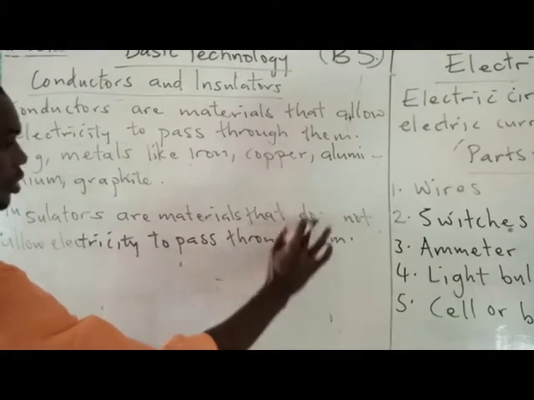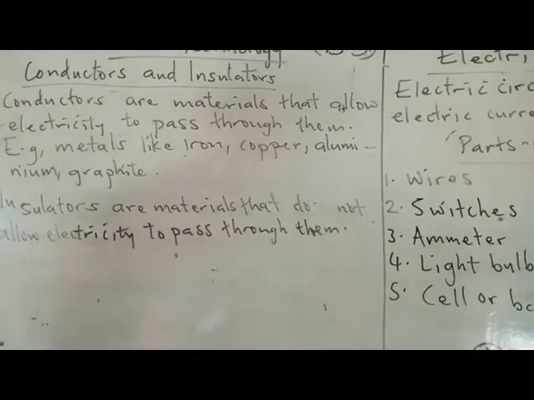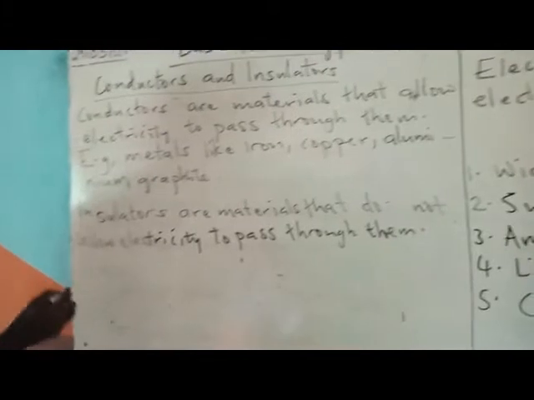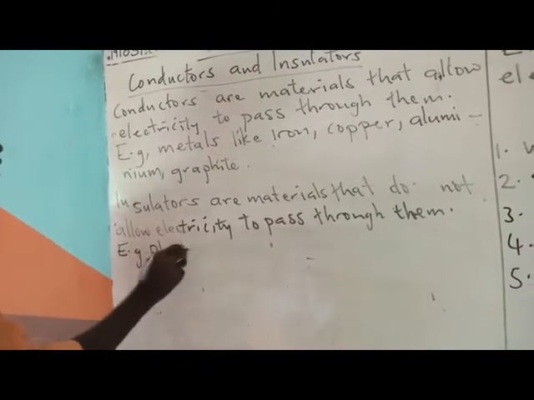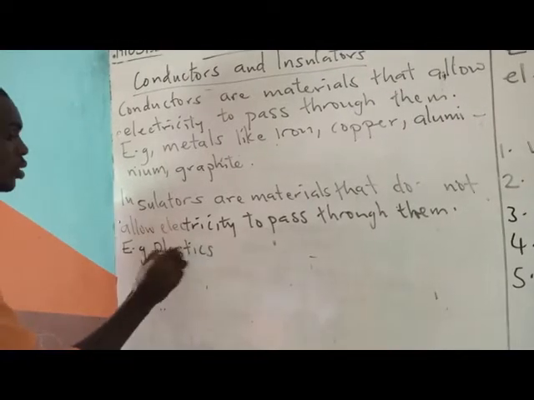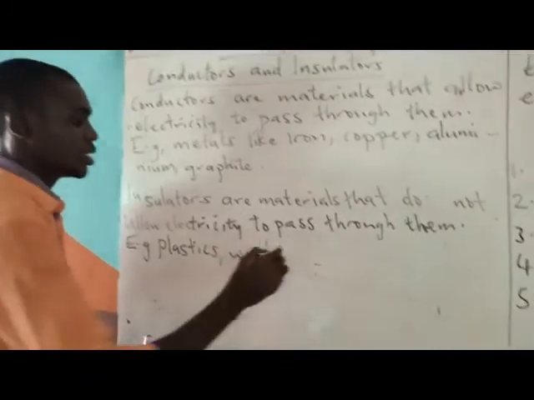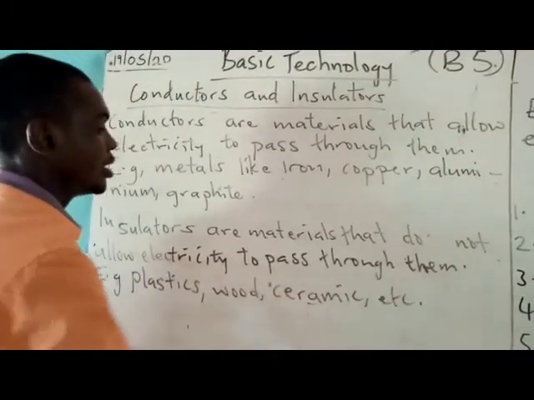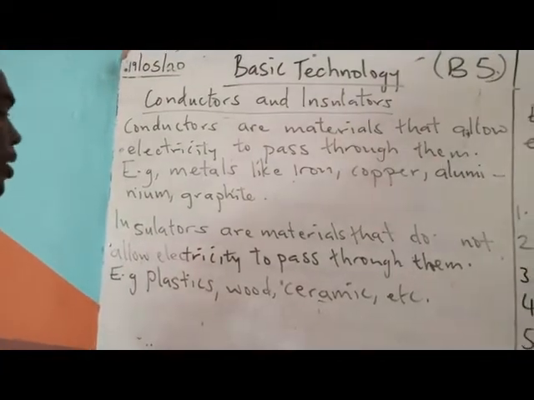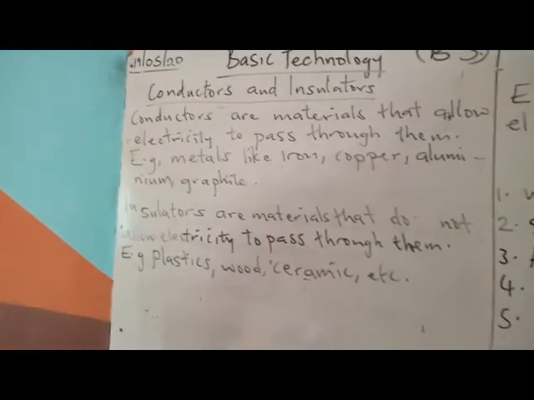You can think of some plastics. That's why your wires are covered with things like plastics. Plastics, yes, wood, ceramic. There are many other examples like that. Right? So that's conductors and insulators.